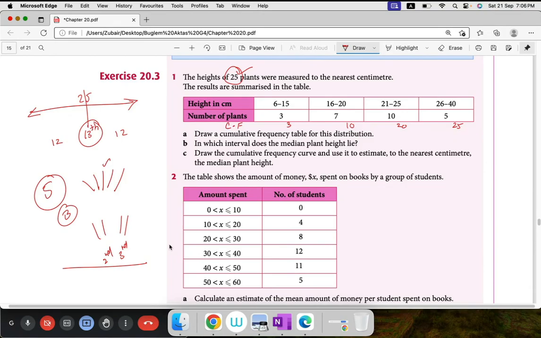I'm not thinking too much. I'm just doing 25 by 2, which is 12.5, which tells me it is the mid of the 12th and 13th.